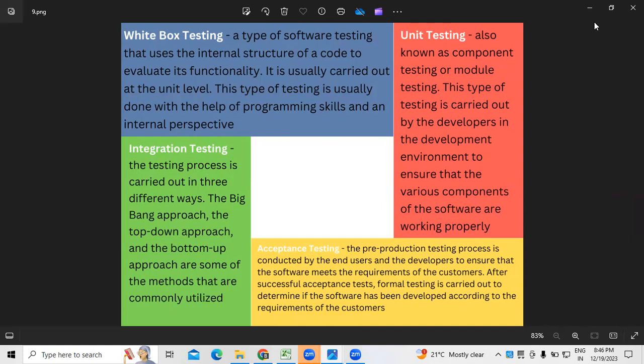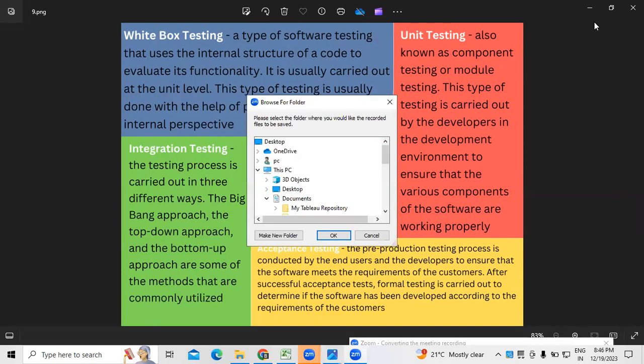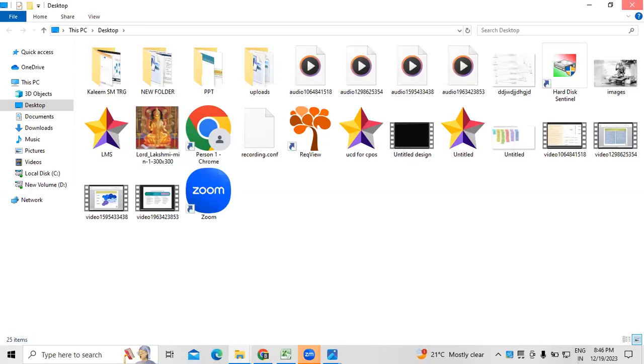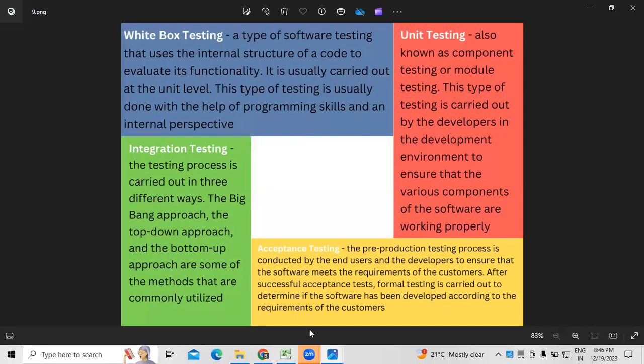So it is always important, whenever we are performing white box testing, as far as the testing procedure and the policy itself is concerned, for us to have a person who has programming skills and experience, so that they will know about the internal structure of the code.